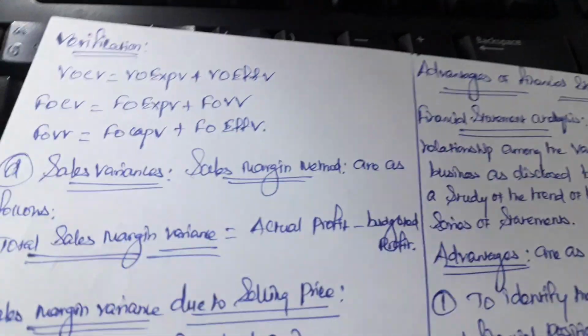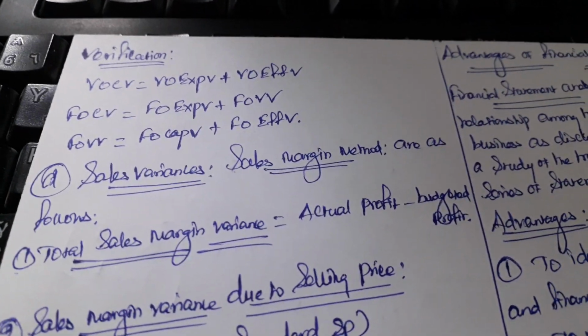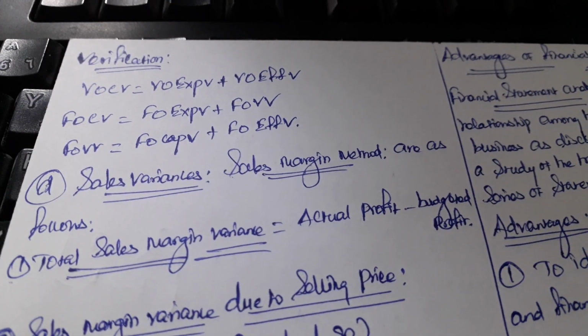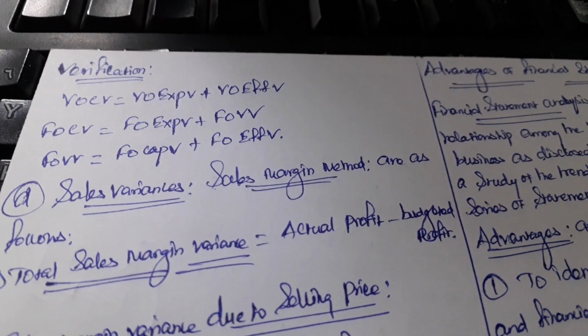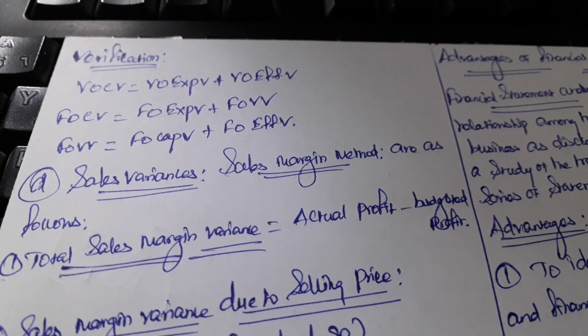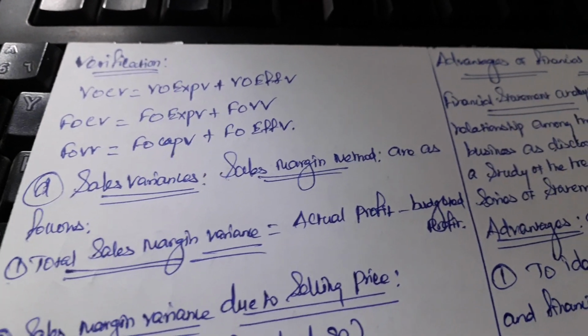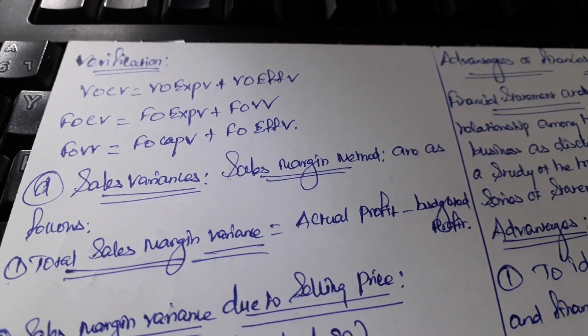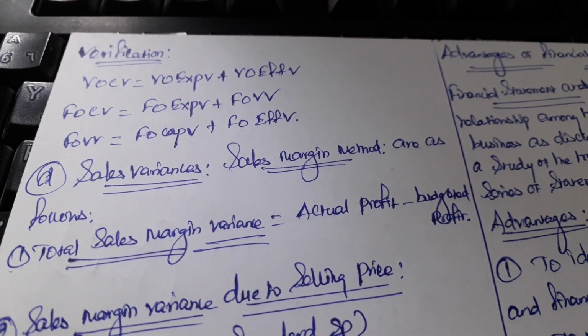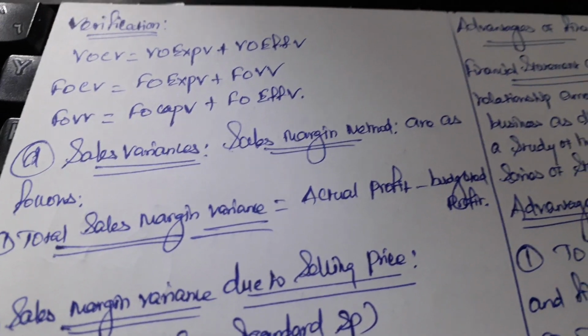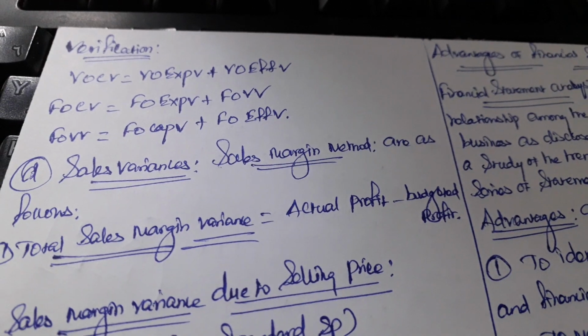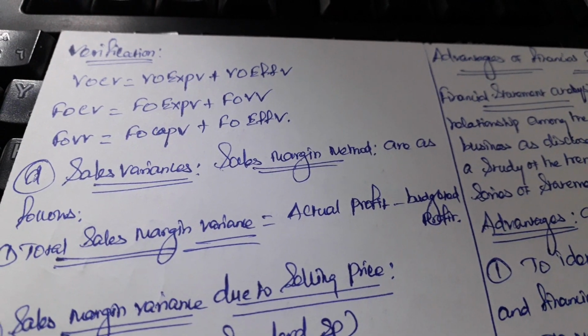Then we need to verify after finding out the variances through these equations. The first equation is variable overhead cost variance equals variable overhead expenditure variance plus variable overhead efficiency variance.